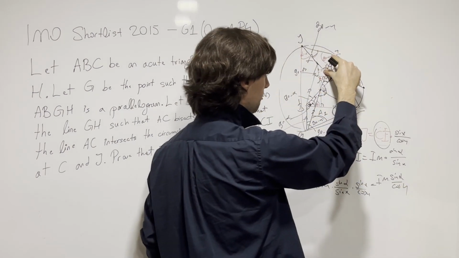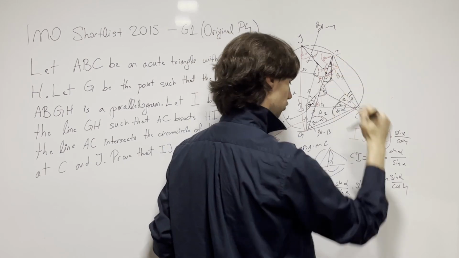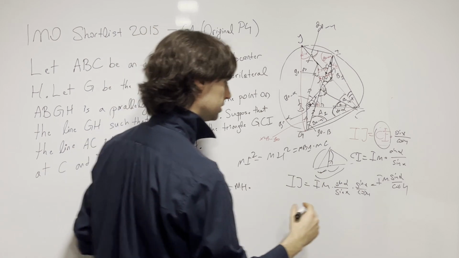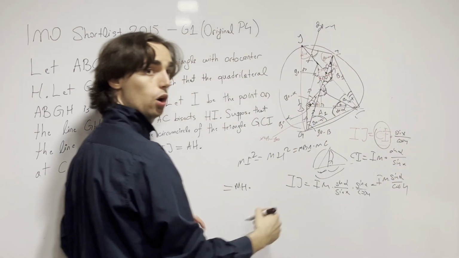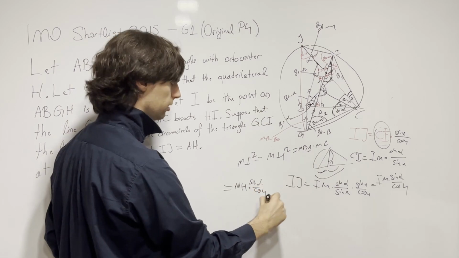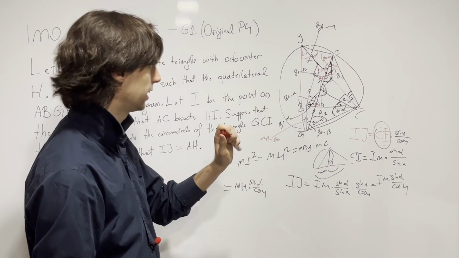Now IM is the same as MH. This is MH times the sine of alpha over the cosine of gamma, my mistake.